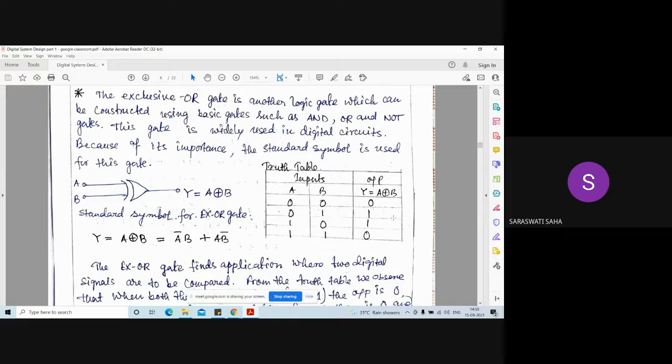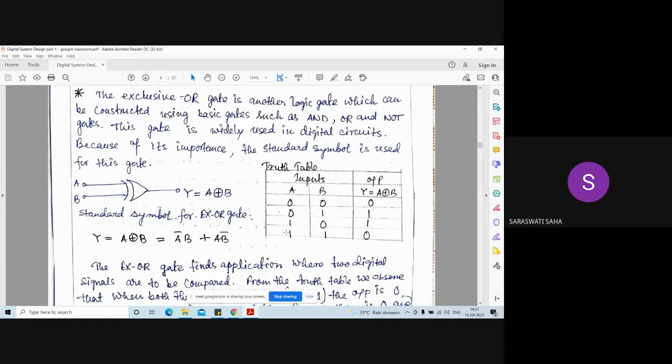See the truth table and try to understand the point. Here, one input is 1. How many ones are there? 1, and this 1 is an odd number. So if an odd number of ones is present, the output will be 1.